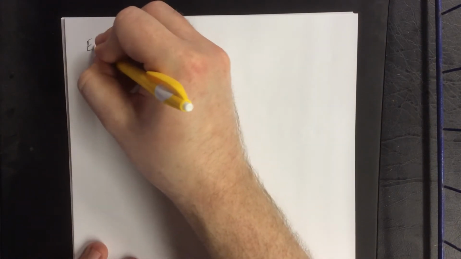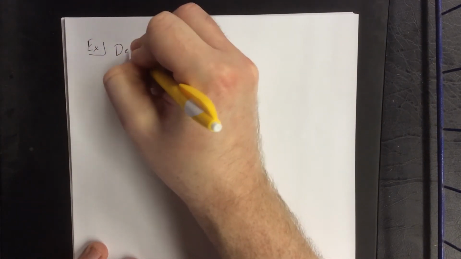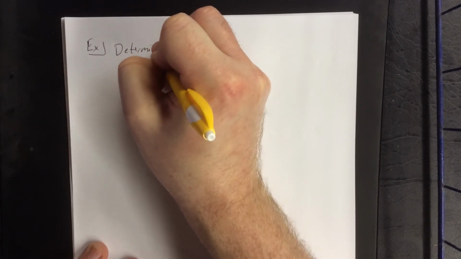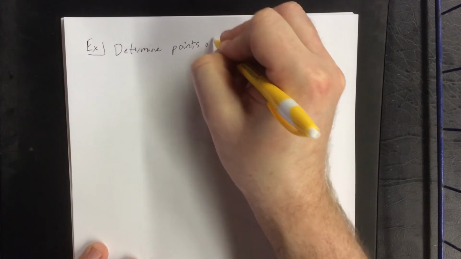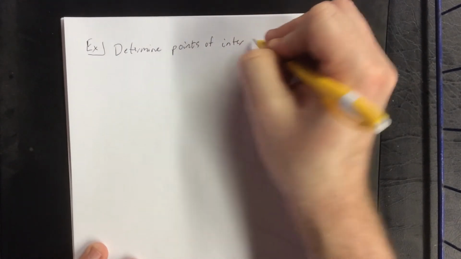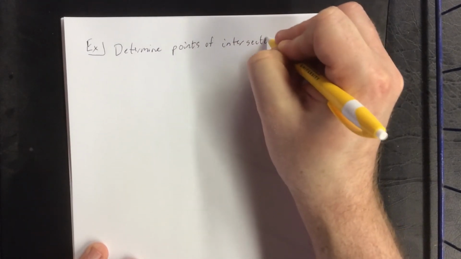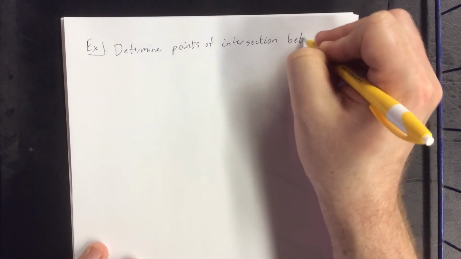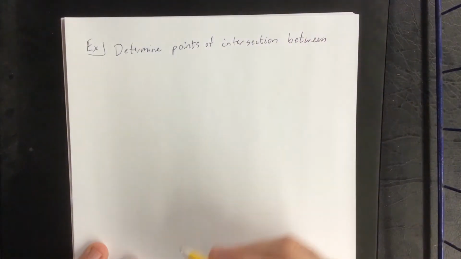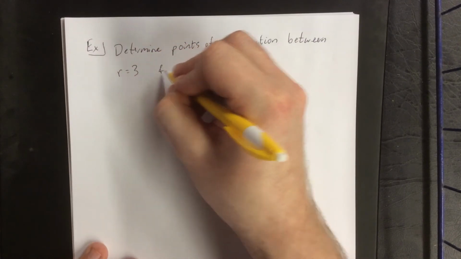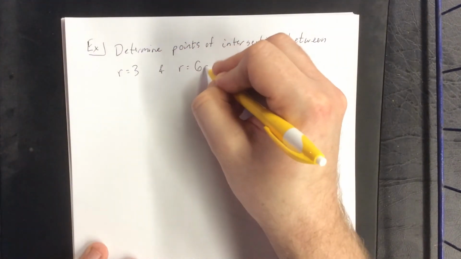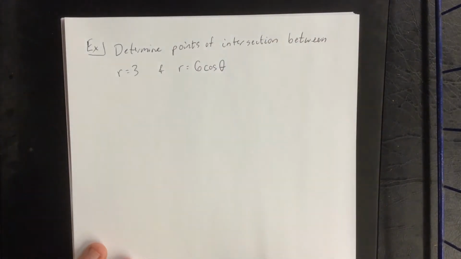Next up, let's try out the following problem. Determine points of intersection between, let's do r equals 3 and r equals 6 times the cosine of theta.